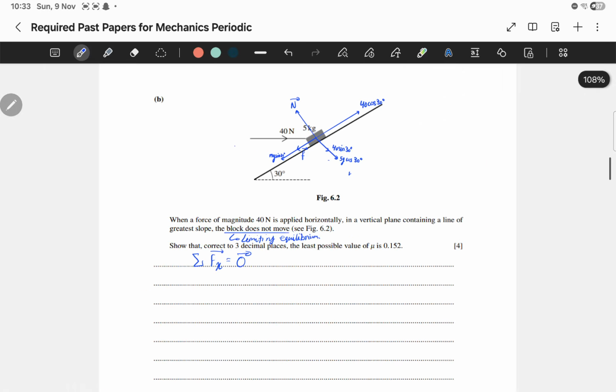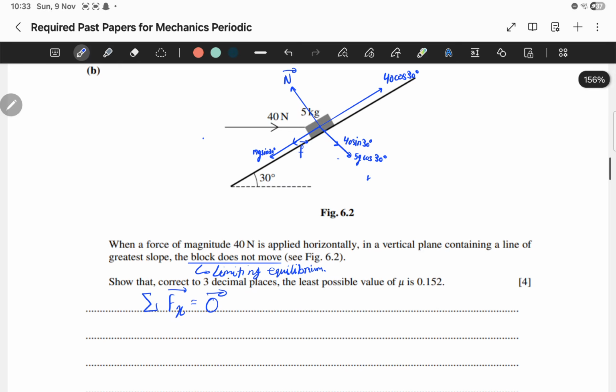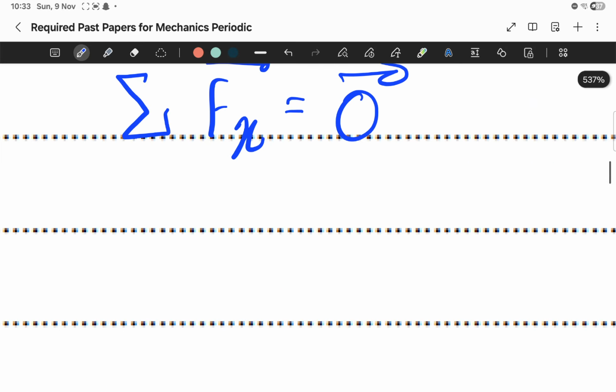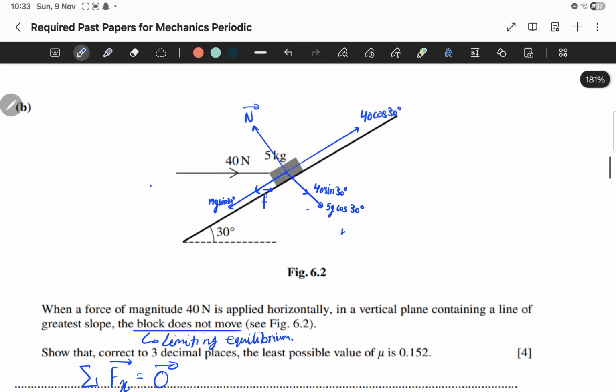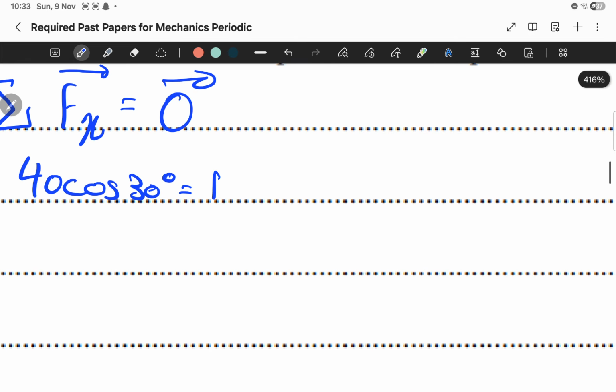Same thing for sigma of y, by the way. The block is not moving upwards or downwards, so it's fine. Now, we can write 40 cosine 30 is equal to F plus 5g sine 30 degrees.